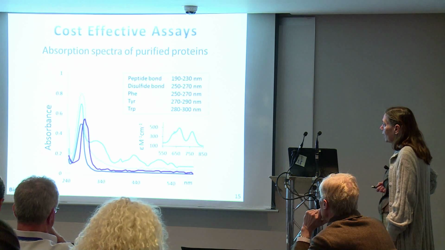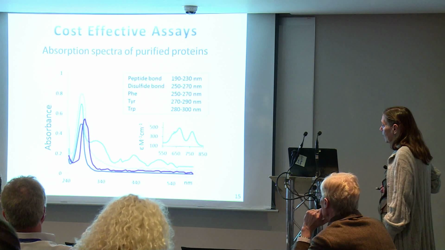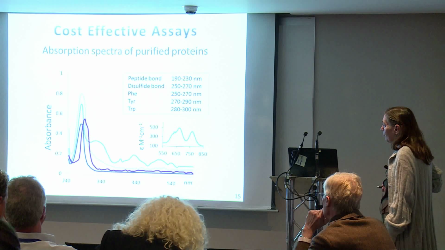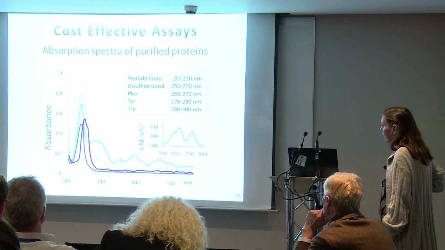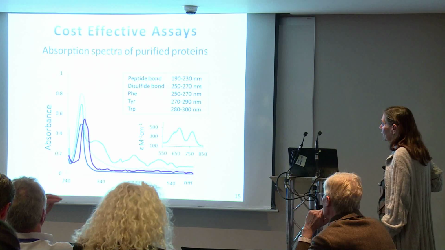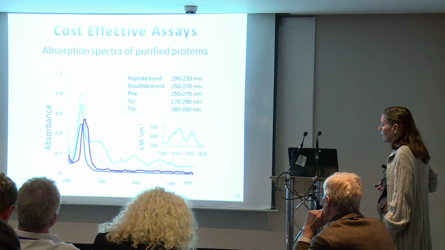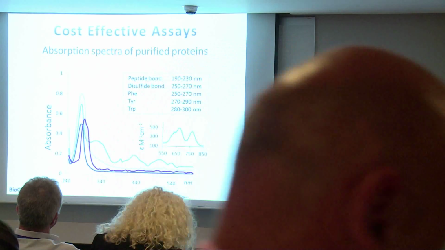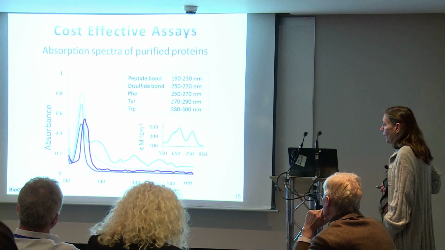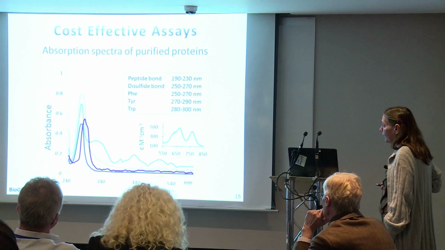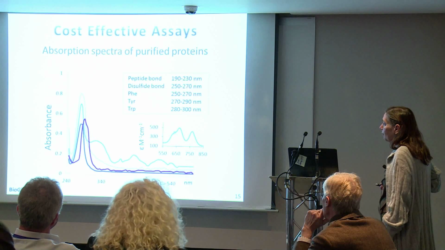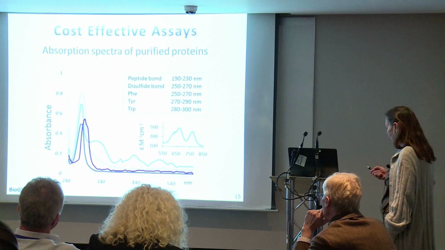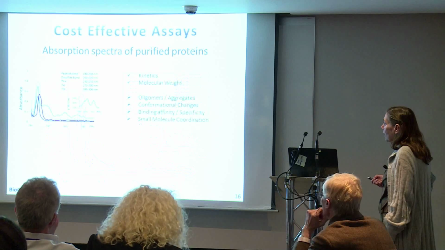For example, the gray curve represents existence of aggregates, the blue curve bound small molecules, and you can even estimate coordination of some transition metals such as copper, iron, or cobalt, and shifts in the wavelength may indicate local arrangement of the aromatic residues in the proteins.